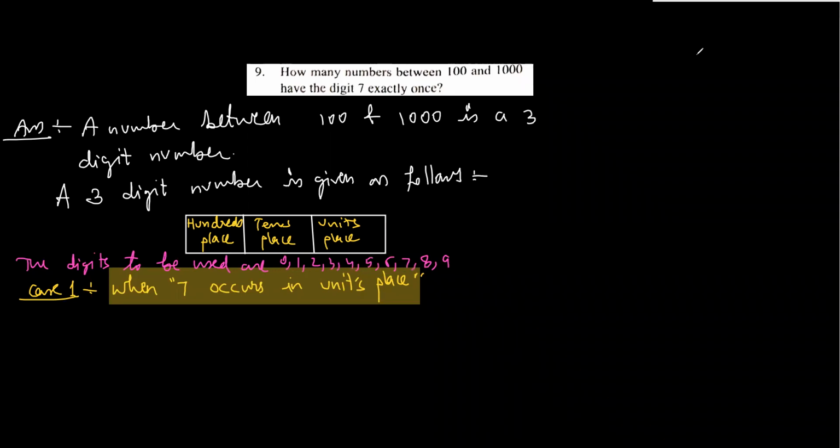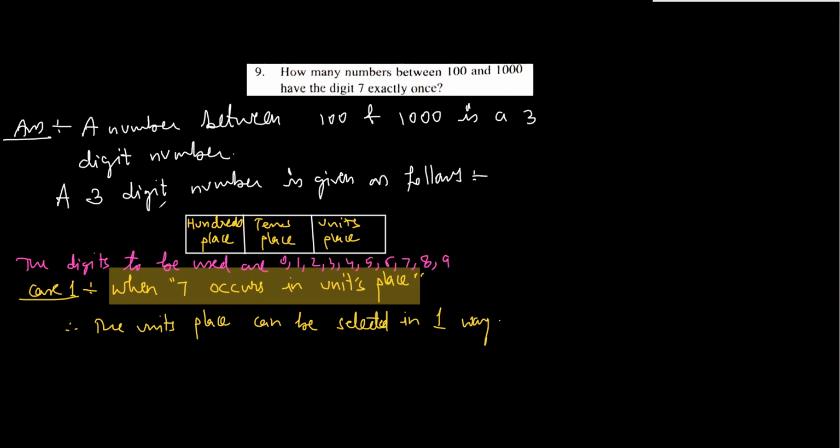So what I will now write: when 7 occurs at units place, therefore the units place can be selected in one way. Okay, students, I got this fixed one way. Now tell me, after this, where will I go?